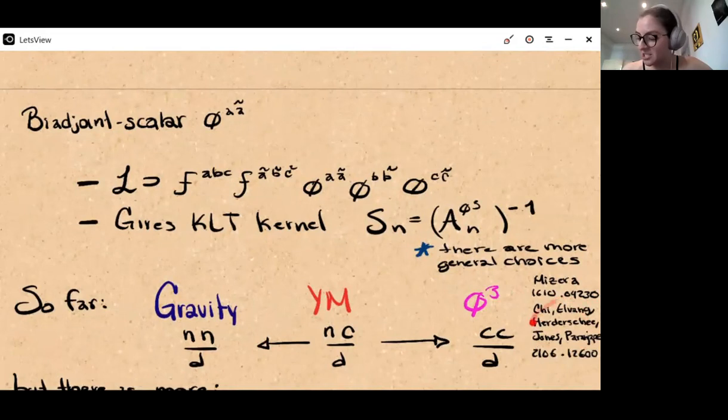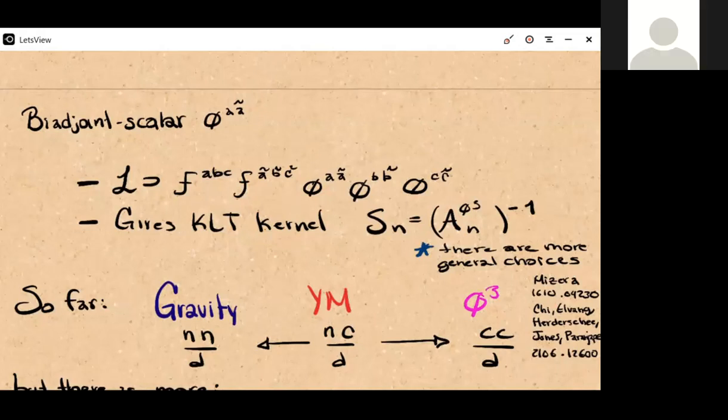And actually this year, probably a month ago, there was another paper where they showed that there are higher derivative corrections to this theory that will also give you a reasonable double copy. So there's still a quest of understanding what this kernel is and what this unity operator in the double copy is, that can give you the most general version of a double copy.